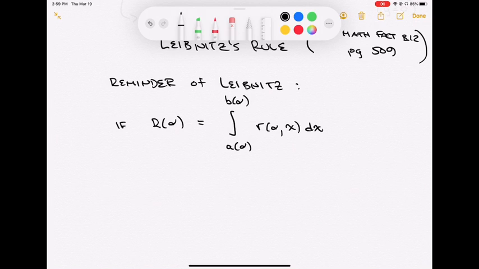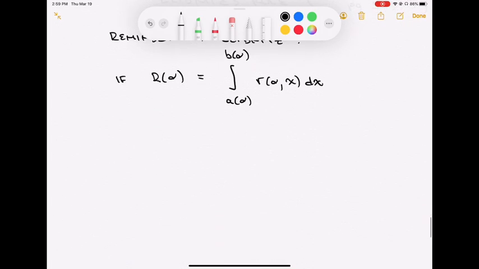If I'm interested in this, Leibniz tells me how to handle it. It does require a few things.